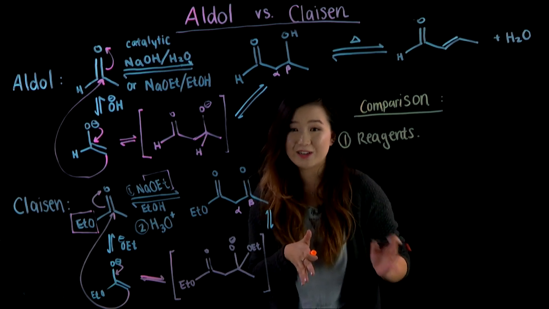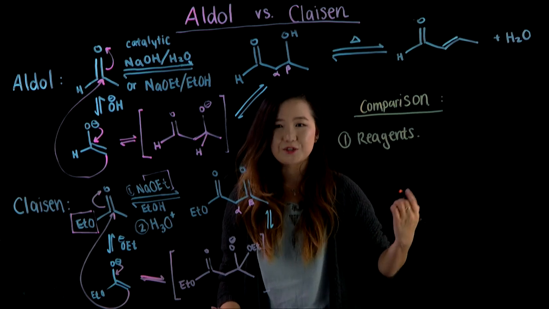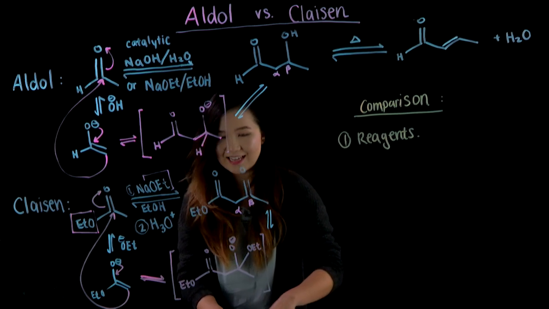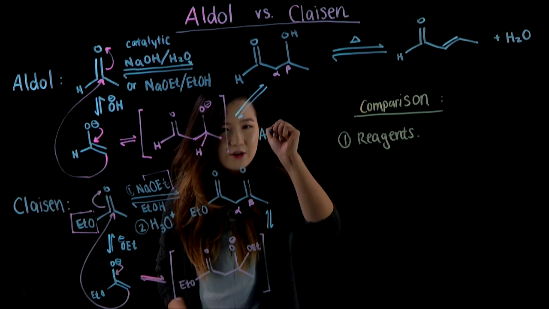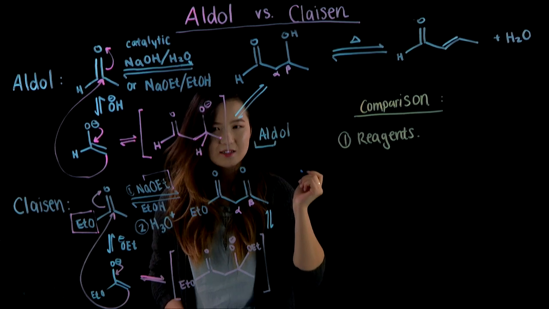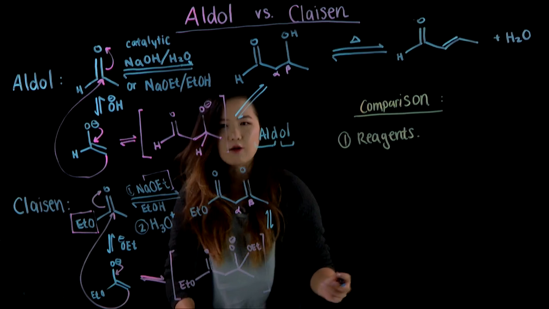Now, here I have a quick tip for you. What really helped me while doing these reactions is looking at the names. Now, aldol's name is very convenient because it's aldol, and this ald part stands for aldehyde, and this ol part stands for alcohol.